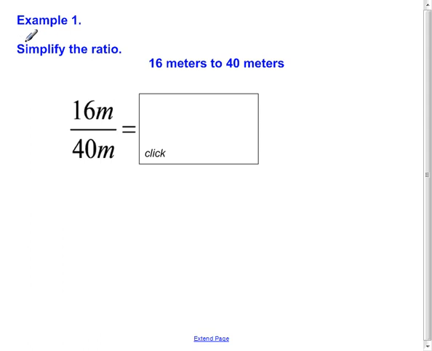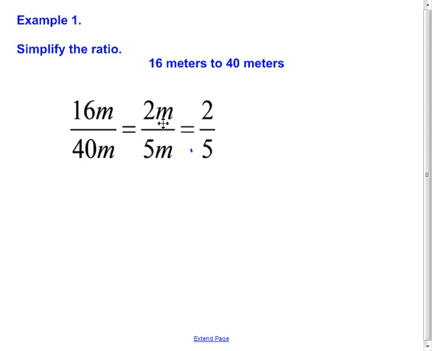Alright, here's your first example, which you can write right on your notes. Simplify this ratio, 16 meters to 40 meters. Notice I put my units here. If we simplify this, we can notice that 8 goes into both of those numbers, so we can divide them by 8. We could also cancel out the meters.